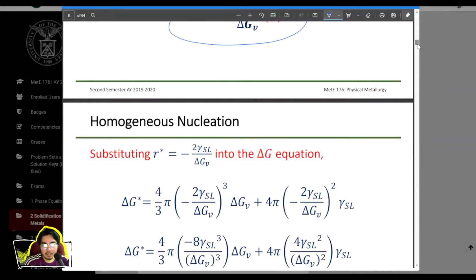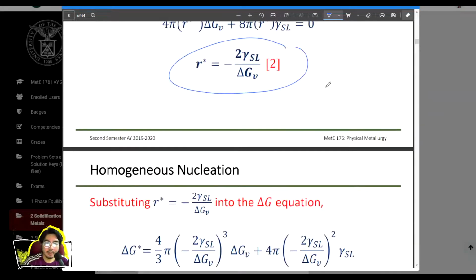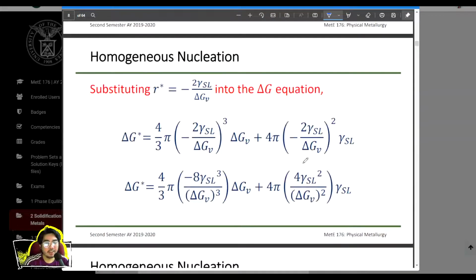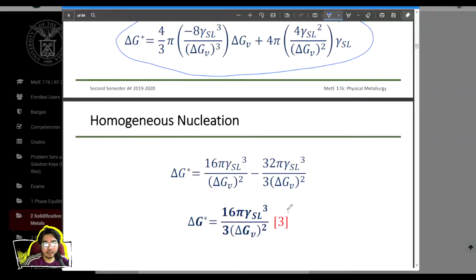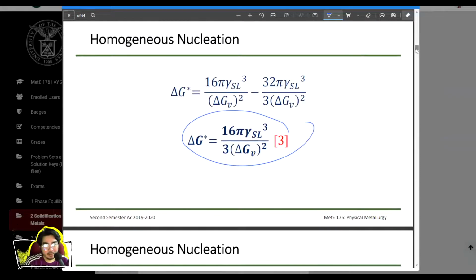And itong R star, if you put it back into the delta G equation, you are also able to find yung required activation free energy, which is this one. Sorry, ito pala yung final form. This is the required activation free energy for you to have a stable nuclei. Okay?